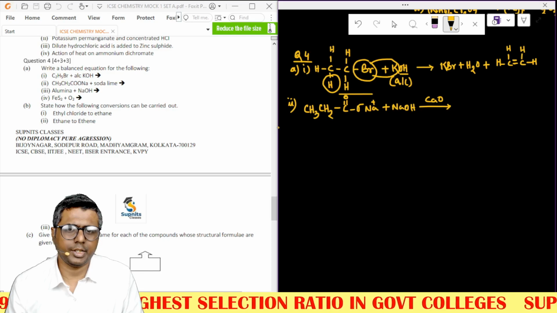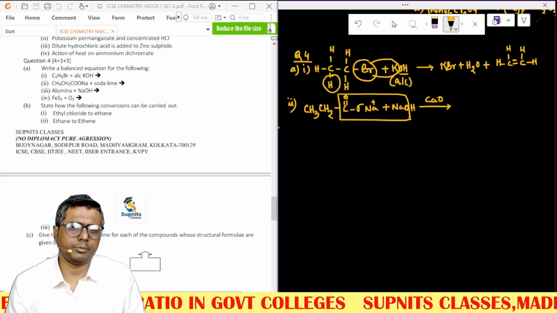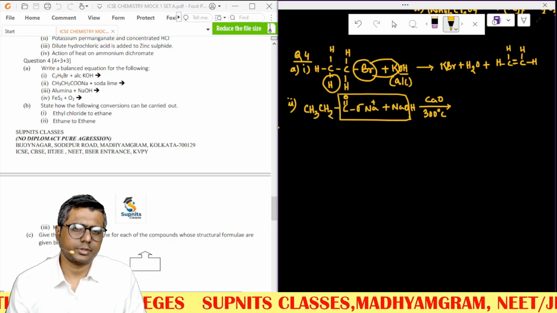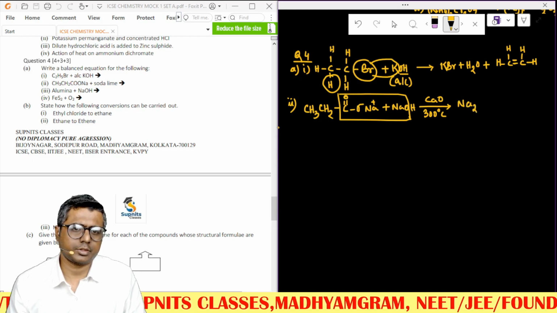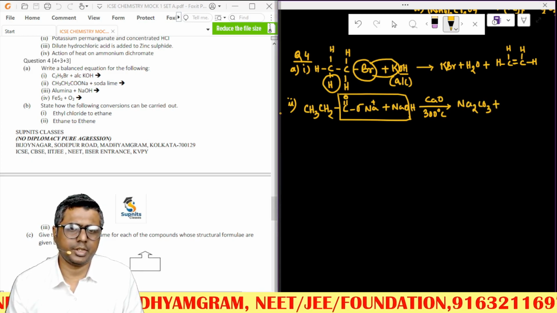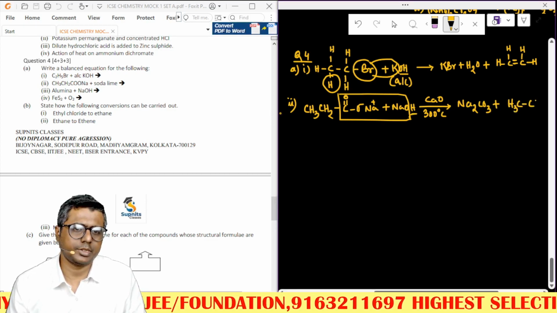So there will be an elimination of Na2CO3, decarboxylation reaction, 300 degrees Celsius, Na2CO3 plus CH3CH2, and here there is another hydrogen, so this will be H3C CH3.